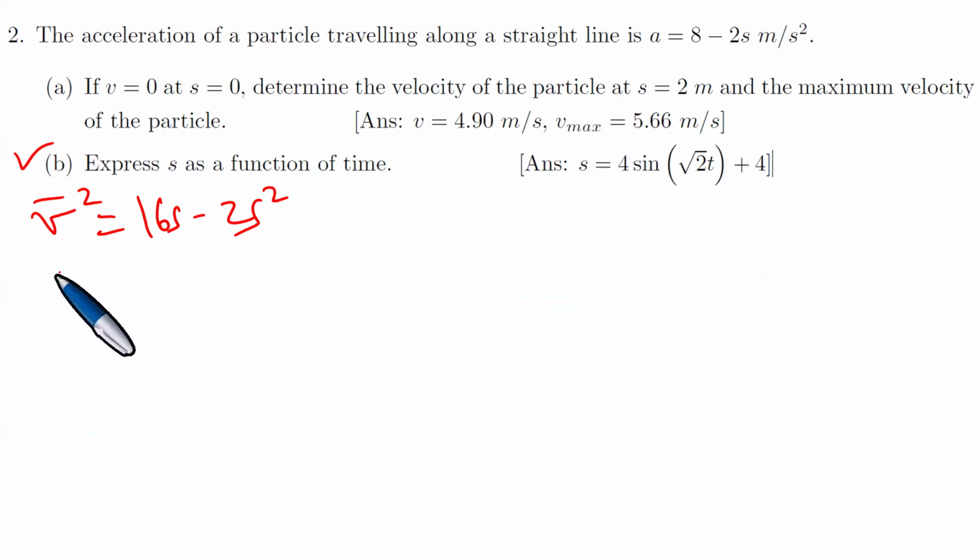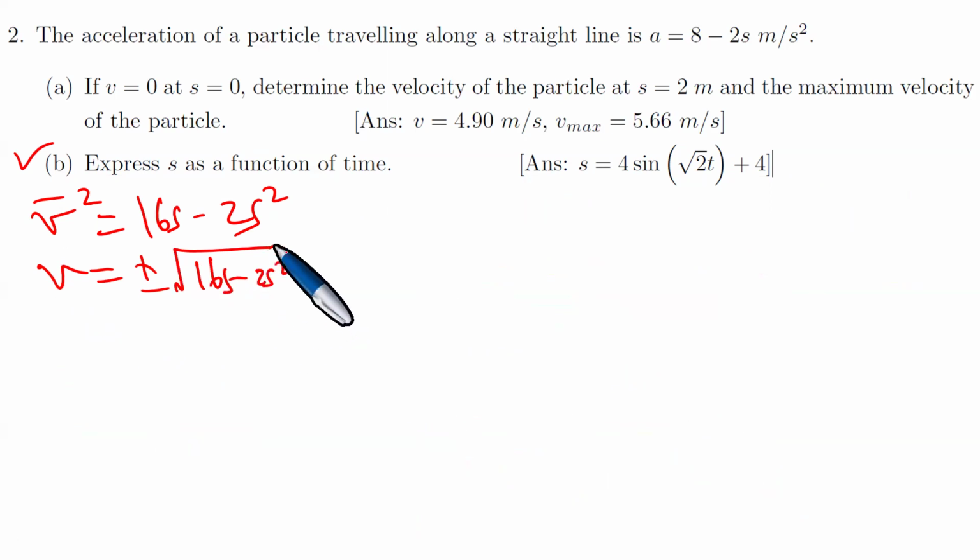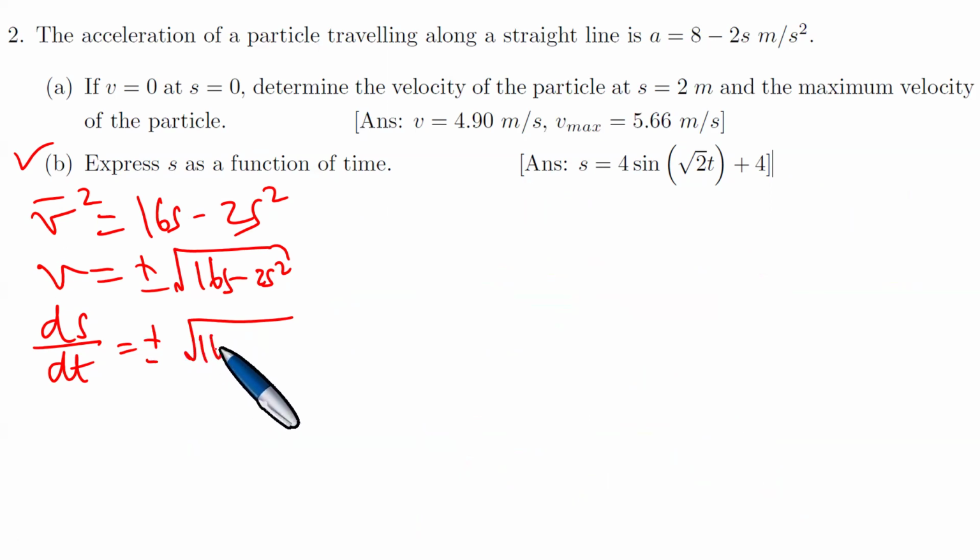And we have seen therefore that we can write v as plus or minus the square root. We can take the positive: ds/dt is plus or minus the square root of 16s minus 2s squared.